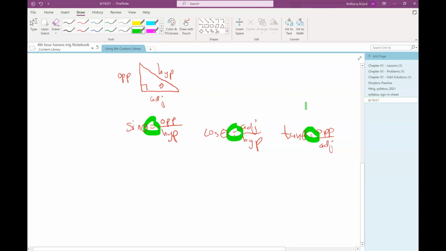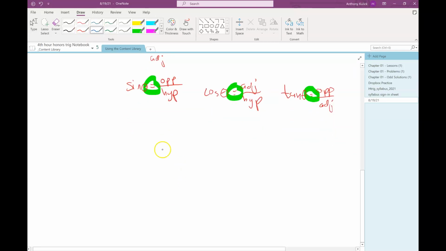If you have a right triangle with angle theta, its sine value is always going to be equal to this number, regardless of the size of that triangle. So, for example, let me draw a picture, it'll maybe be more clear.